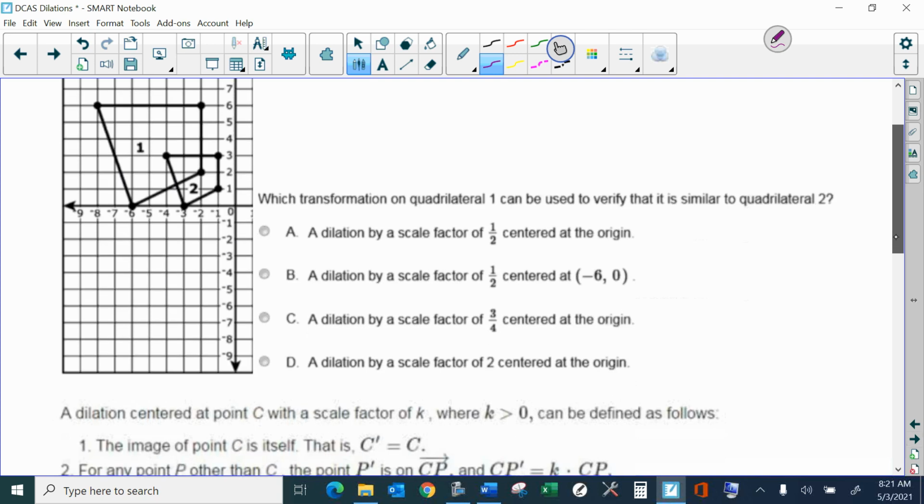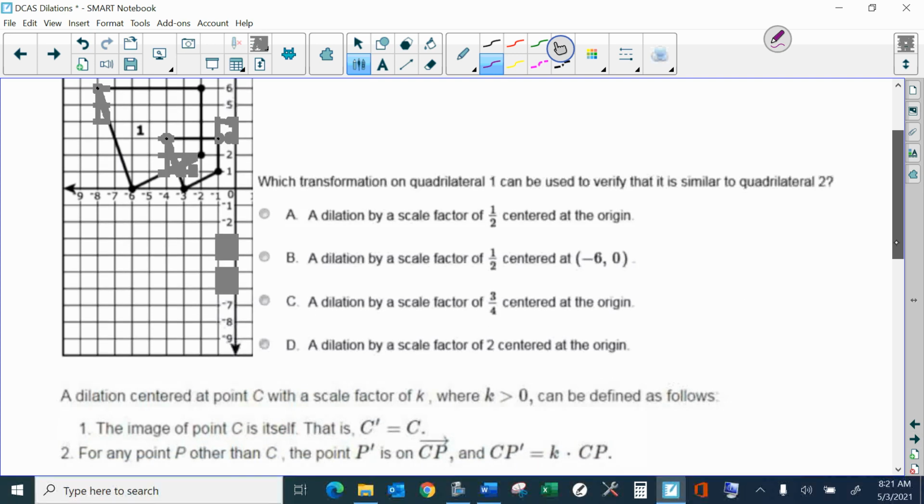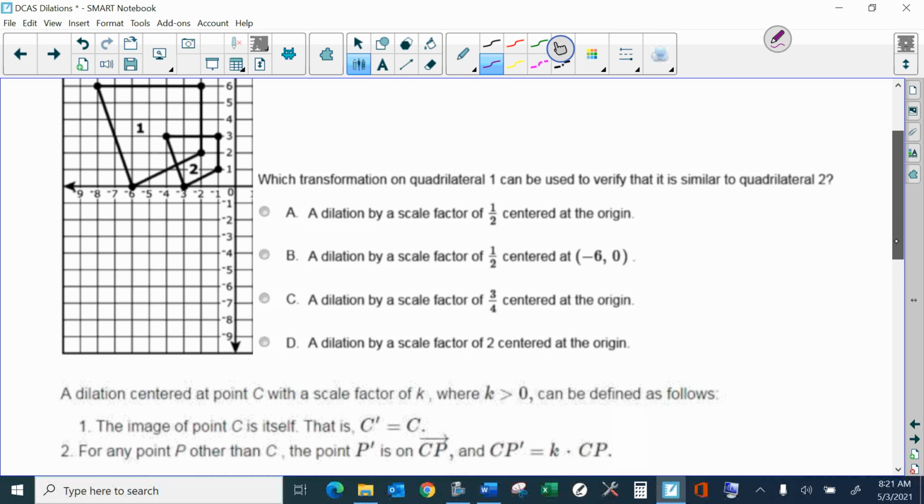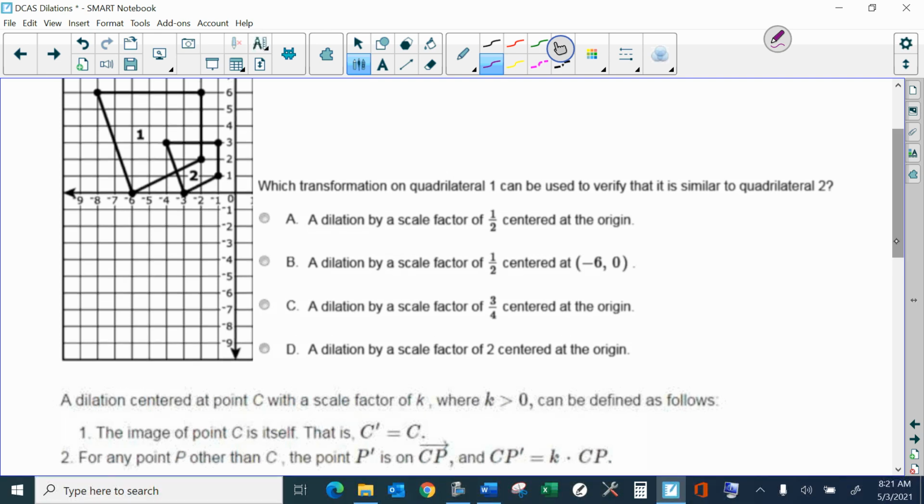Okay. Which transformation on quadrilateral 1 can be used to verify that it's similar to quadrilateral 2? Okay. So if it's similar, we know it's a dilation. So we see dilations on all these here. We know if we go through the corresponding points, it's going to center at the origin.